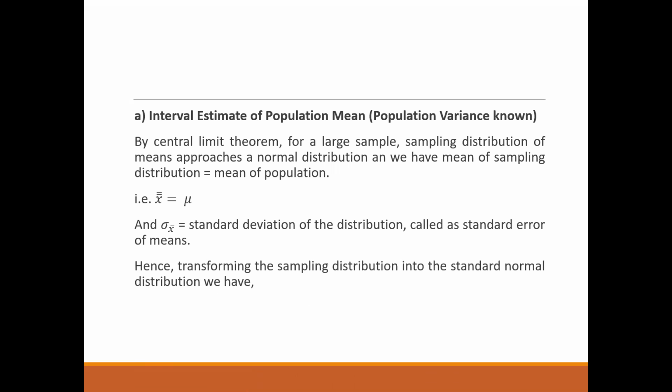This function is very important, which we will be using while doing the calculations. Using this function, solving it, we can write x bar minus mu is equal to z into sigma x bar.